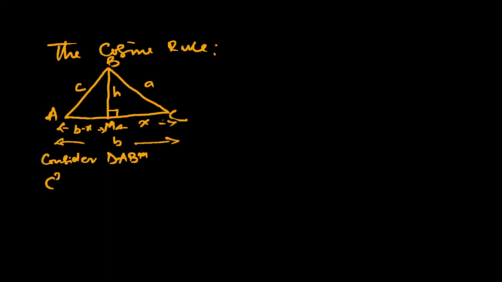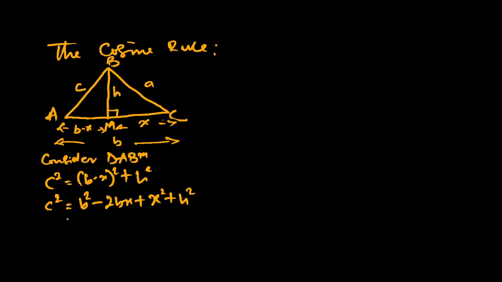Apply Pythagoras theorem to it. We are going to have that c squared is equal to (b minus x) all squared plus h squared. If you expand this bracket, you have c squared equal to b squared minus 2bx plus x squared plus h squared. Am I making sense?